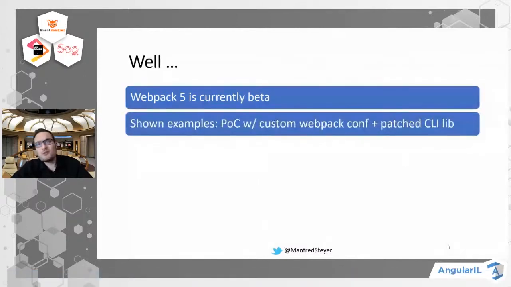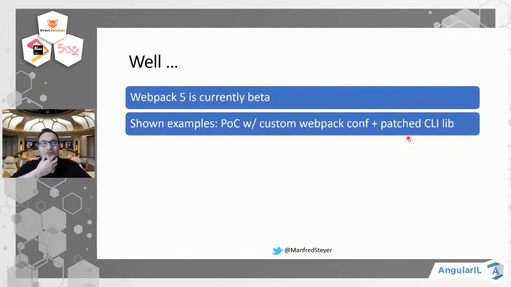Saying this, you cannot really use the beta version today. Even my proof of concept is using a lot of tricks. For instance, it is using a custom Webpack configuration. We won't do this. We want to let the CLI create this custom Webpack configuration for us. And I'm also using a patched CLI version, not the official one, a patched one where Webpack 5 has been squeezed in.